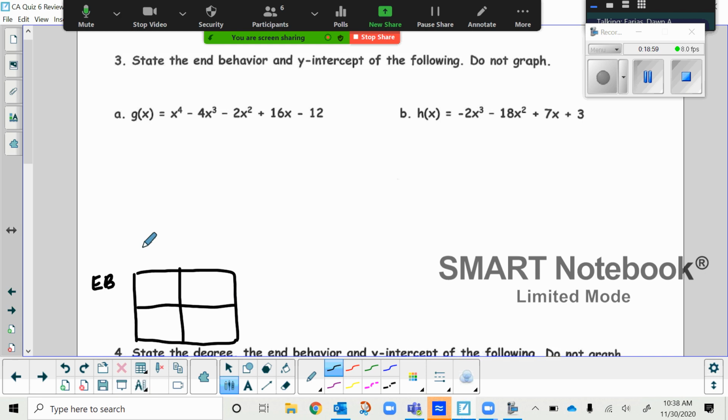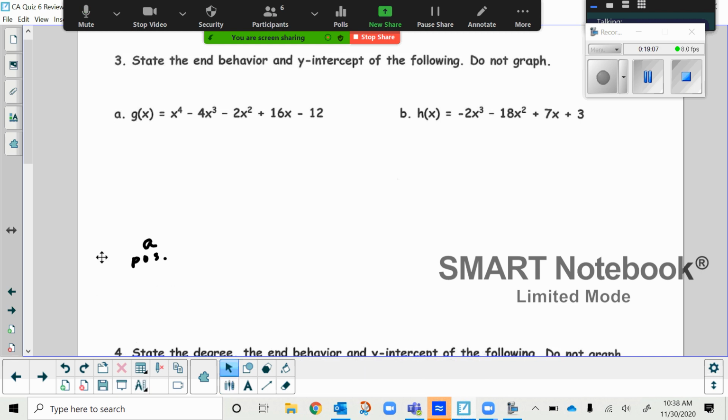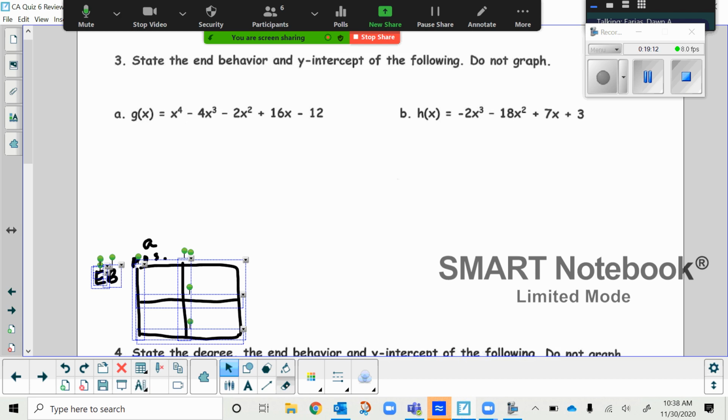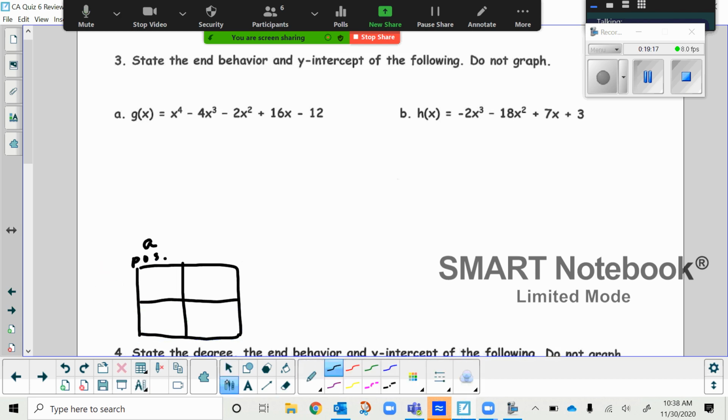If A is positive and the degree is even. Okay, that's like x squared, right? A is positive, the degree is even. What's your end behavior? Up, up.